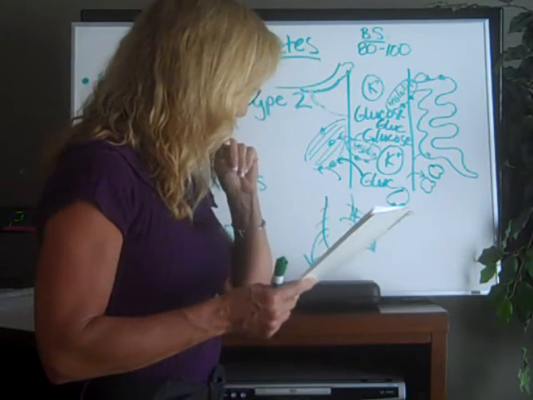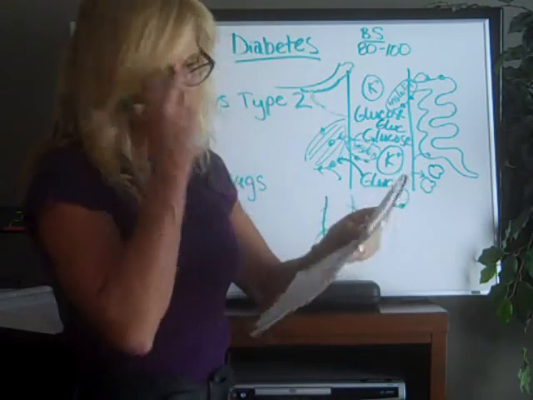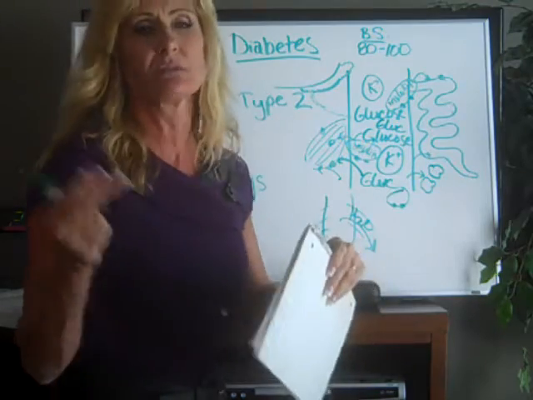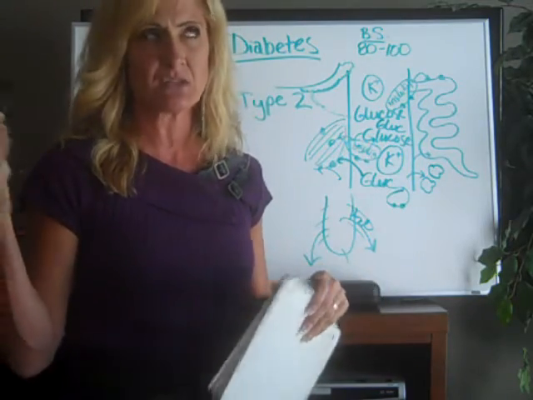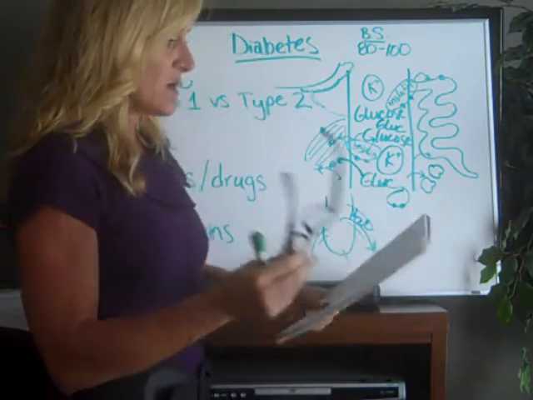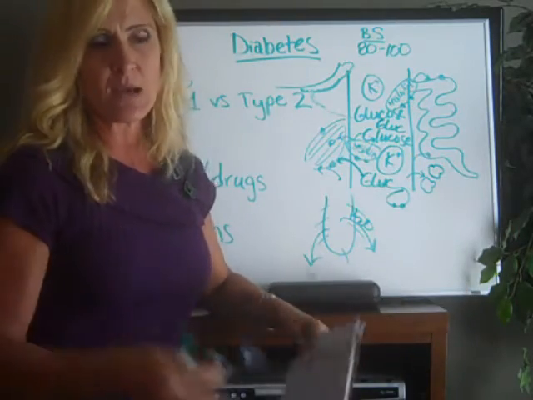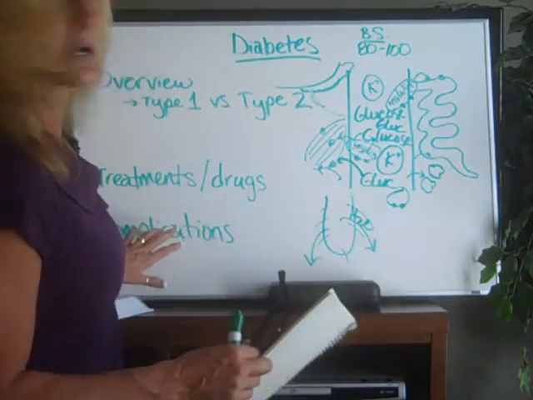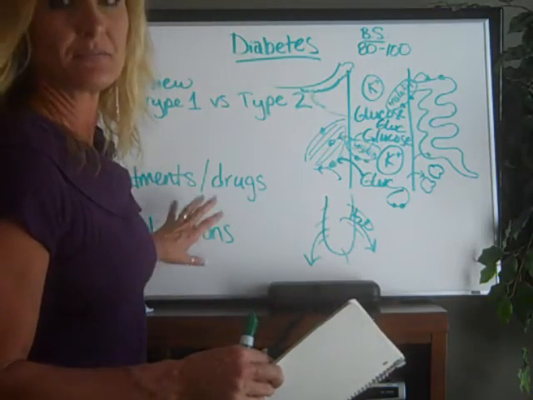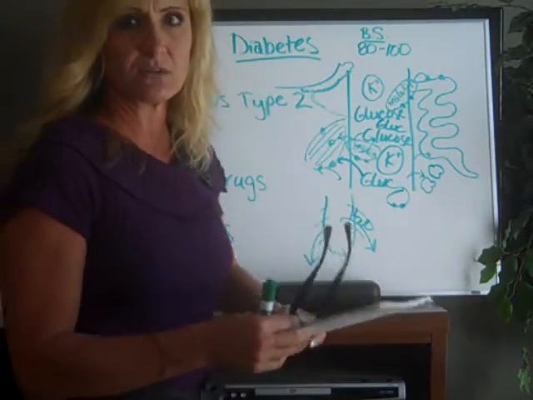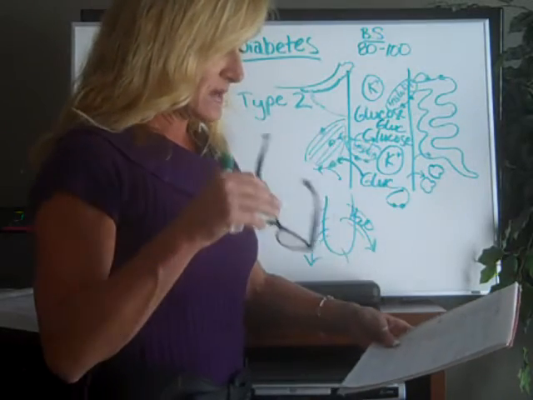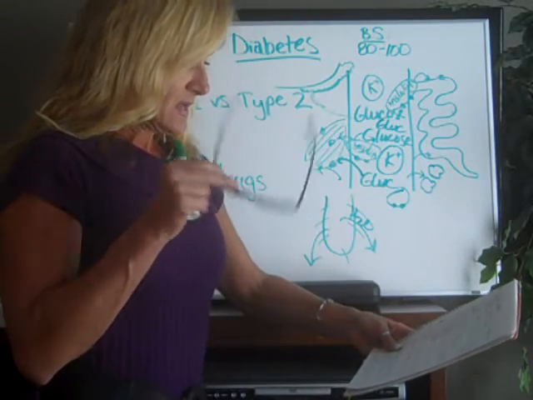Oh, I know. Also in complications, and this is in the first couple pages of your book, they talk about some complications like end-stage kidney disease, retinopathies, that kind of thing. We're going to talk about that in the third video that we do.